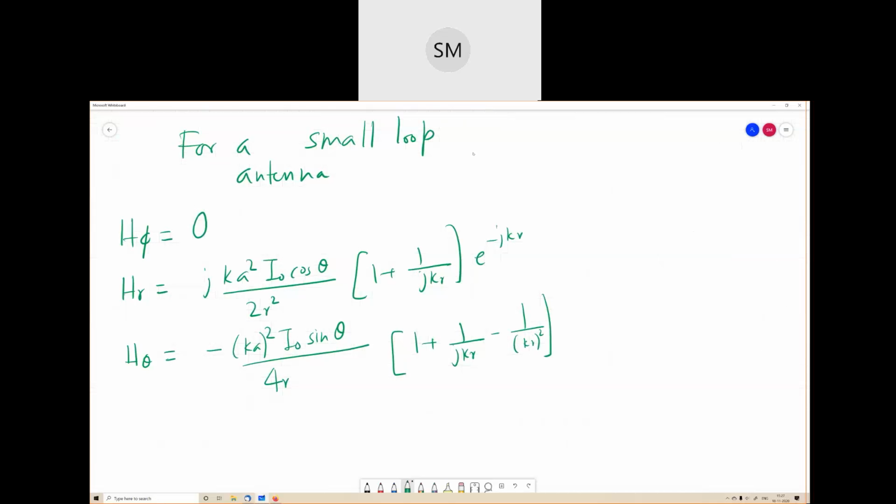This is for any field, okay? This is not for the far field. This is for the general expressions.